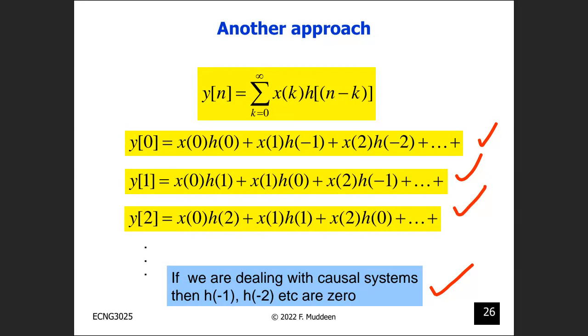If I'm dealing with causal signals, I could forget those. So if the system is causal and we can ignore H minus 1, H minus 2, etc., when I expand the convolution equation, I get that y naught is x naught h naught. Y1 is x naught h1 plus x1 h0. Y2 is x naught h2, x1 h1, x2 h0. Y3 will be x naught h3, etc., etc.